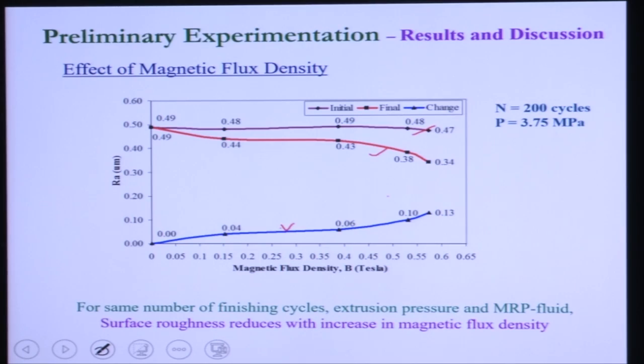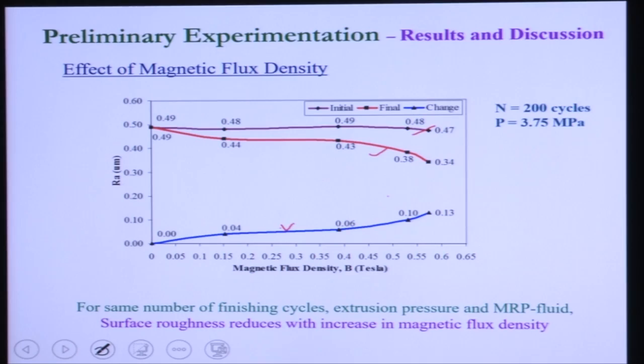That is why, with the increase in the magnetic field, the surface finish improves, or the change in surface roughness increases. So, we can say that for the same number of finishing cycles, extrusion pressure and MRP fluid composition, surface roughness reduces with increasing magnetic flux density.